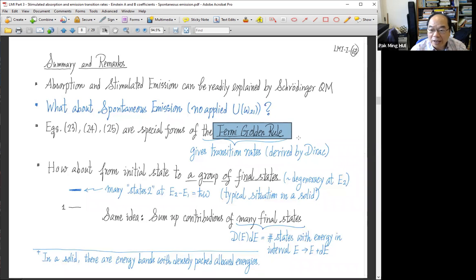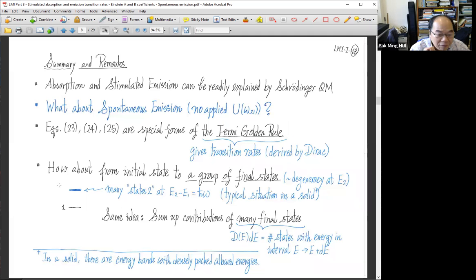Fermi golden rule is a key answer in time-dependent perturbation theory regarding not from one state to another, but with a band of incident light, or from an initial state to a group of final states. But it's very funny. Actually, the answers were first derived by Dirac, but somehow Fermi's name was attached to it.